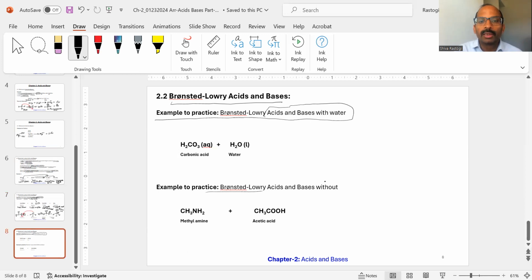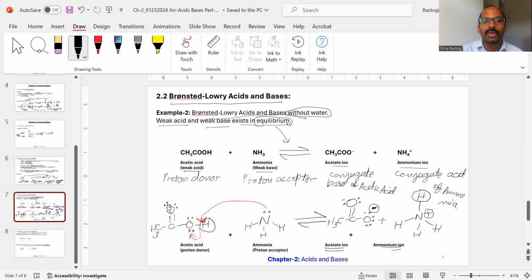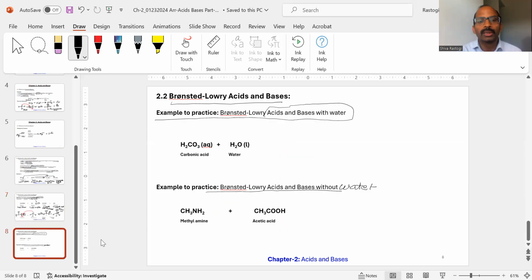And this will be Bronsted-Lowry conjugate acid-base without water, so there is no water involved, and you have to draw the same kind of lone pair electron transfer, and then the proton will be donated from acid to base, like this one. In the next video we'll talk about how to find out the equilibrium, and in which direction the equilibrium will shift.